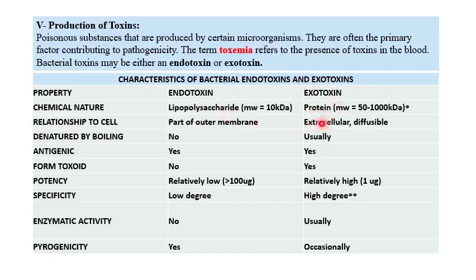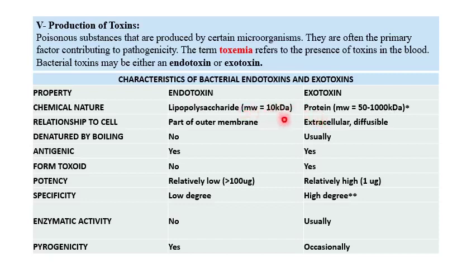But exotoxins are proteins which have enzymatic activity. These proteins are produced outside the cell while the cell is intact and living. That's why we call it exotoxin. The protein is produced extracellularly.